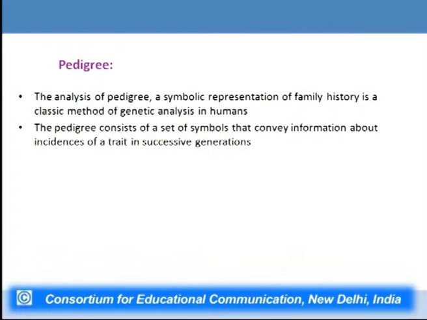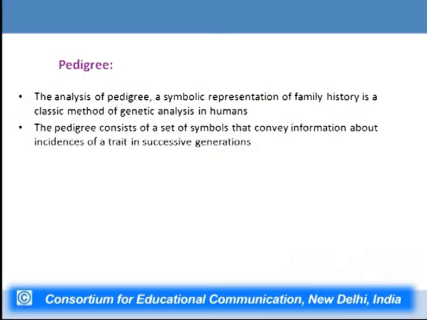The analysis of pedigree is basically a symbolic representation of family history, and it is a classical method of genetic analysis in humans. This representation of history goes back many generations. The more data of previous generations, the more certain we will be of the inheritance pattern of a particular trait in that family.